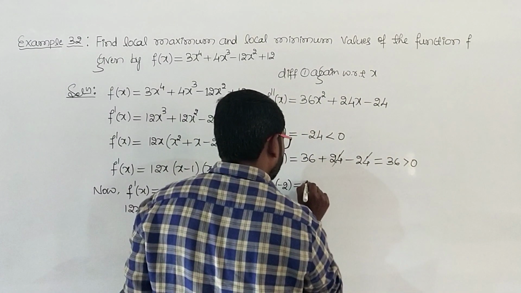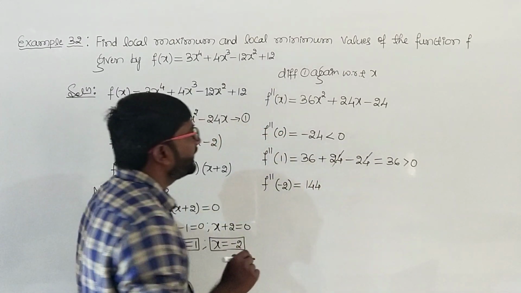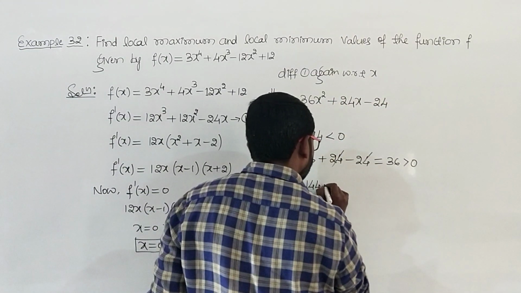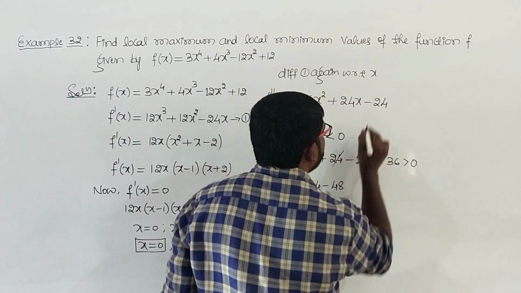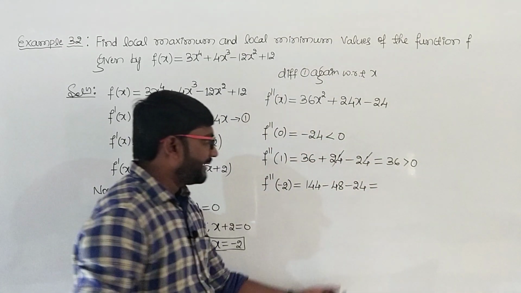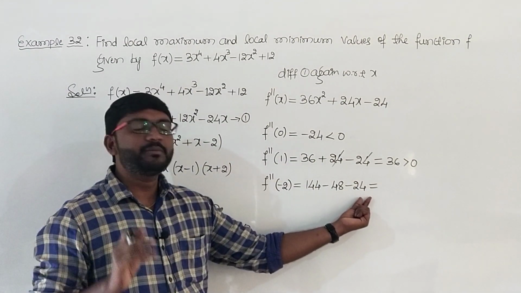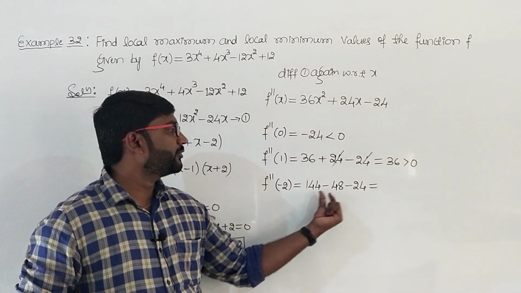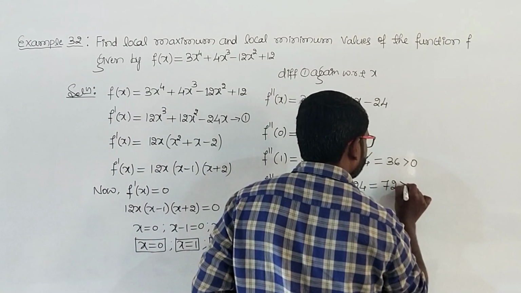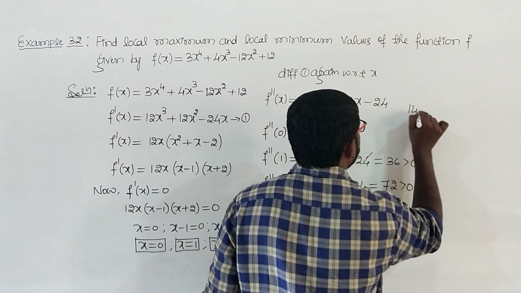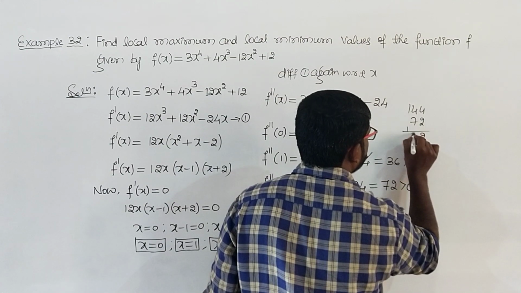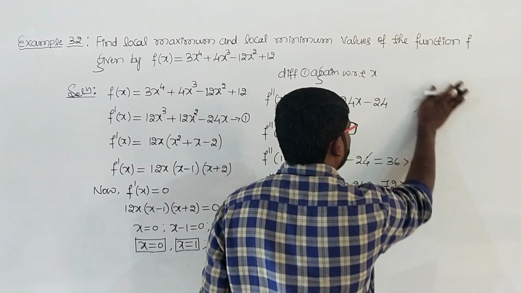So I'll write 144, and then 24 into minus 2 will be minus 48, and then minus 24 as it is. Minus 48 minus 24 will be minus 72, and then 144 minus 72 will be 72, which is greater than 0.